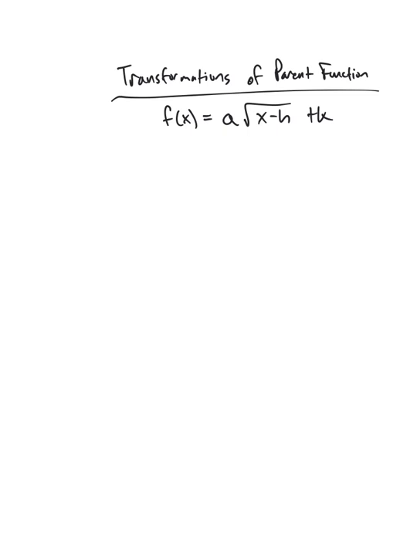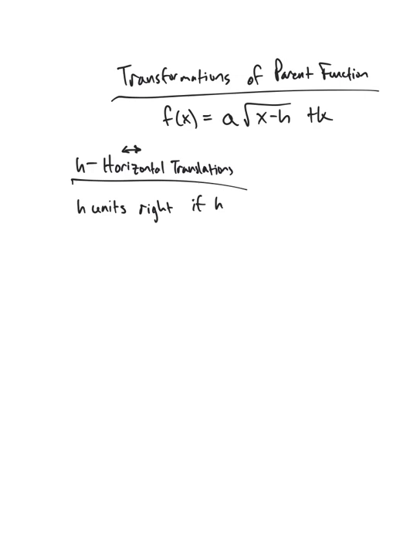So what does that h do? Well, h deals with horizontal translations. So this function is going to move left and right, horizontal, left and right. It's going to move h units, h being a number, h units right if h is greater than 0, if it's positive.